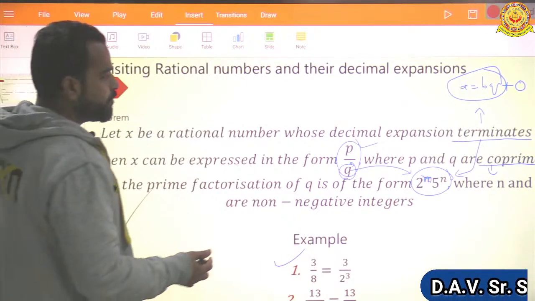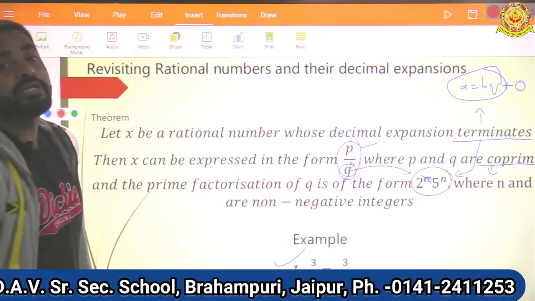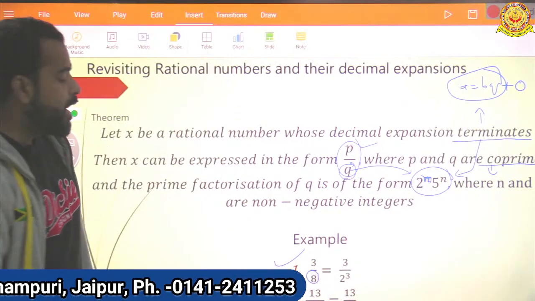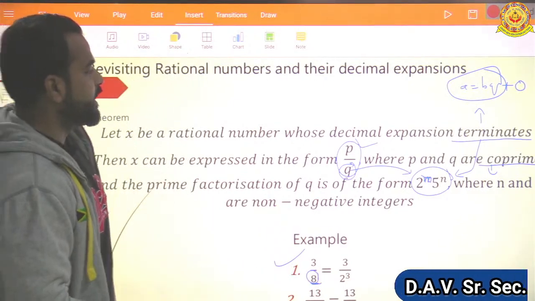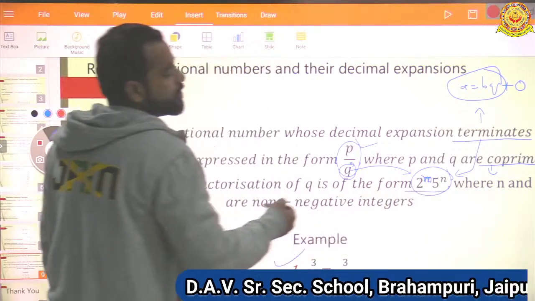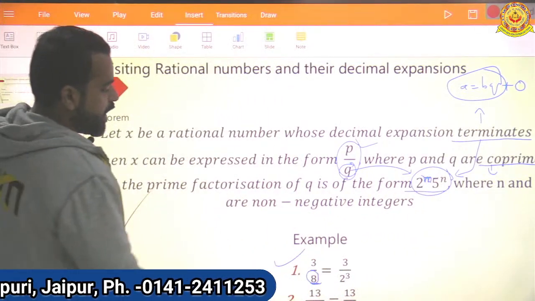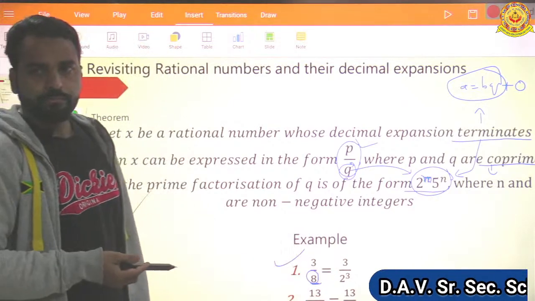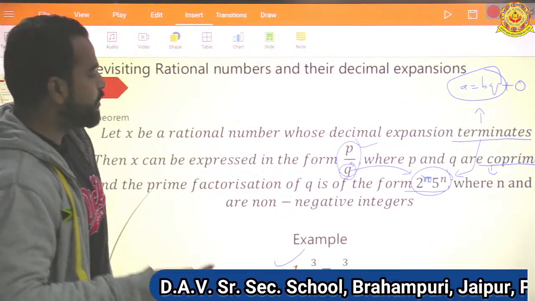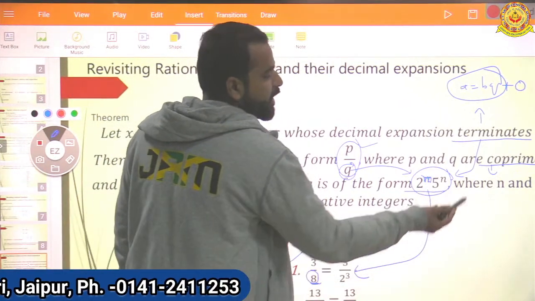So we can just check the denominator and directly say whether the particular number is terminating or non-terminating by factorizing the denominator. If it is in the form of 2 raised to a power and 5 raised to a power, it will be terminating. If we factor 8, it is 2 into 2 into 2, which is in the form of 2 raised to the power m and 5 raised to the power n, right?